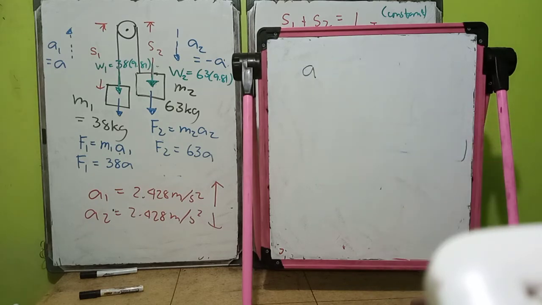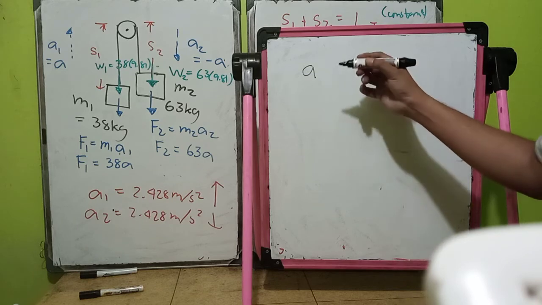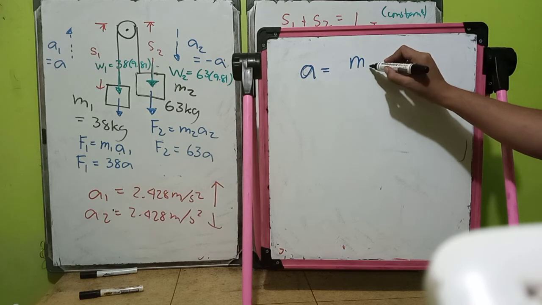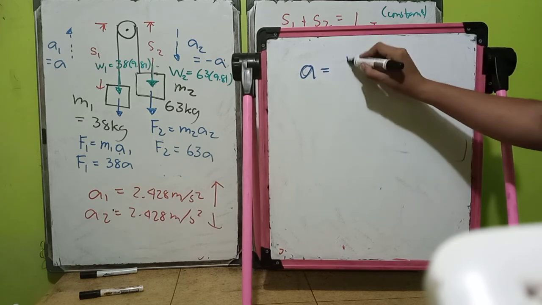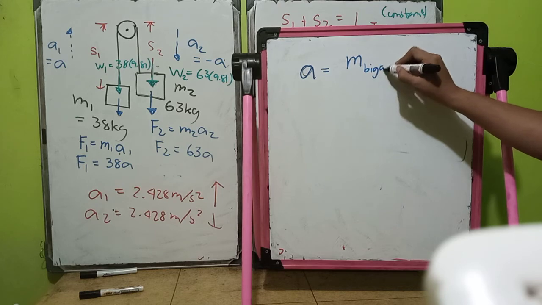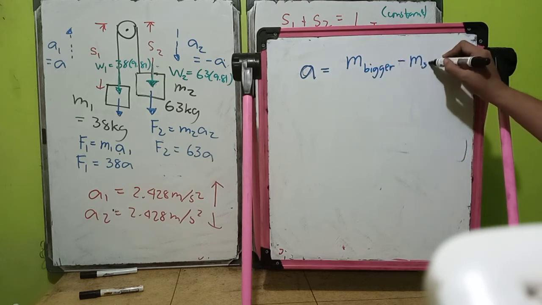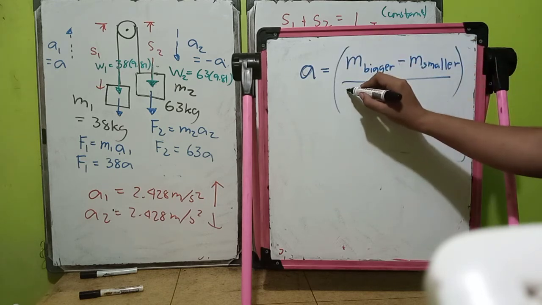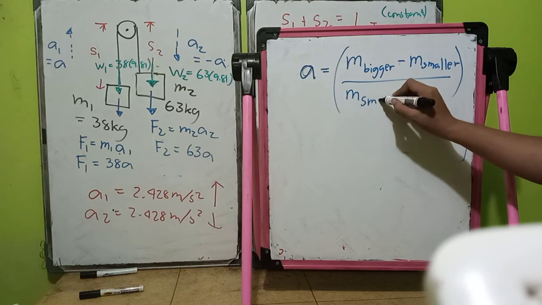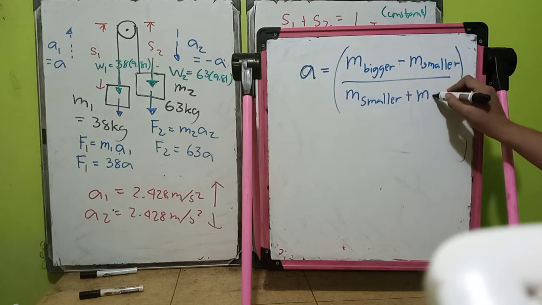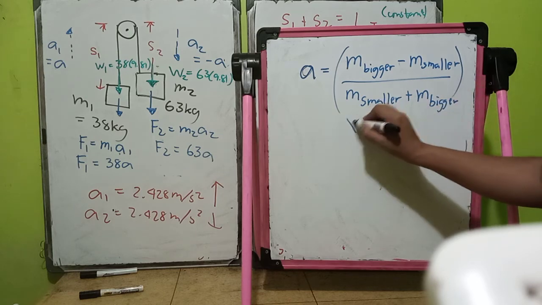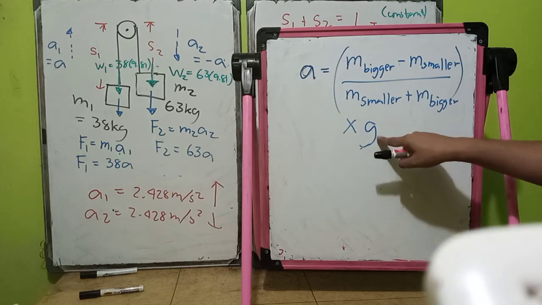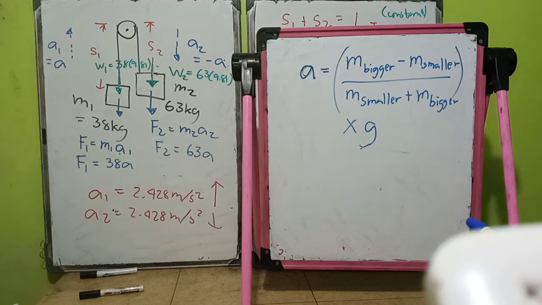The actual acceleration is equal to the bigger mass minus the smaller mass, over the sum of the smaller and bigger mass, and then multiplied by the acceleration due to gravity. So this is the formula.